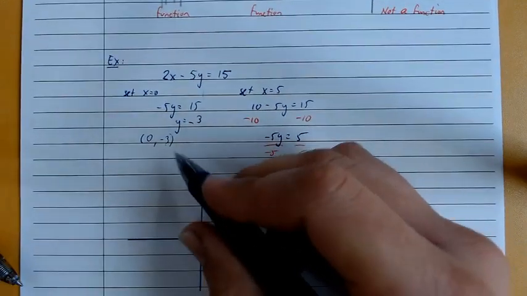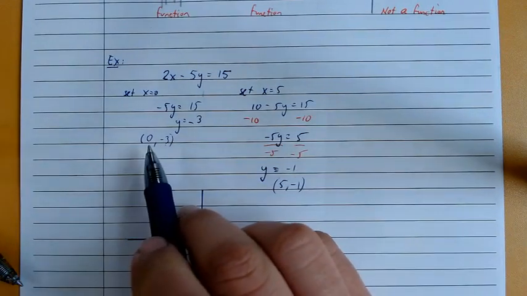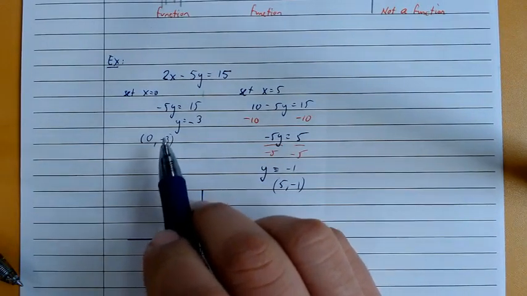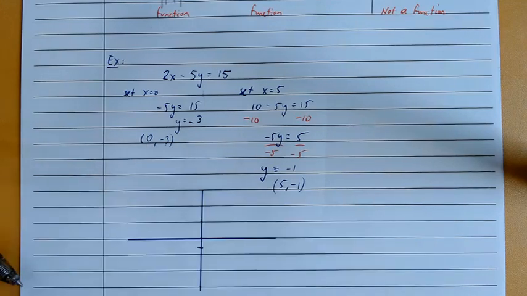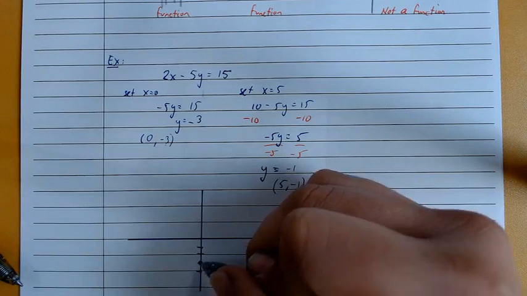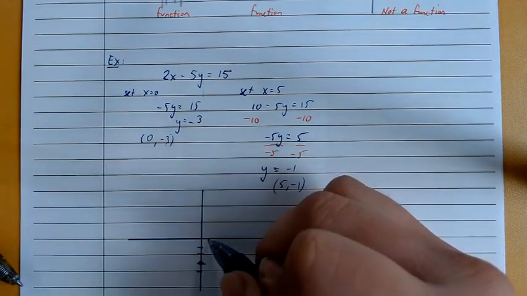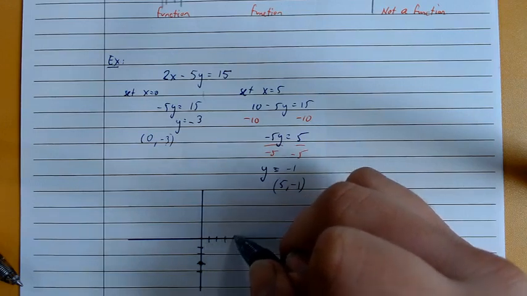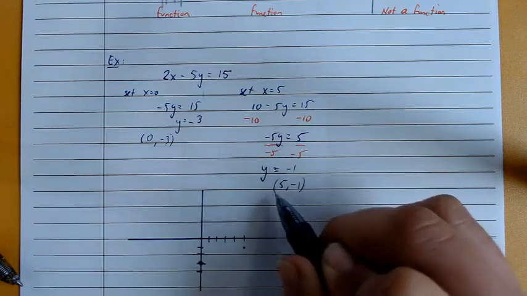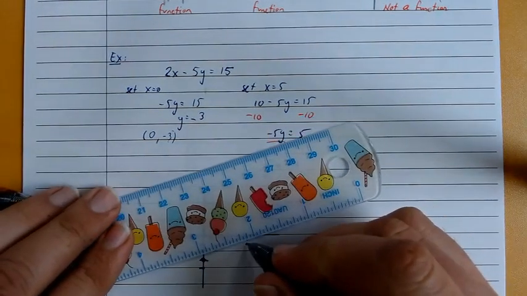Let's see here. 0 comma negative 3, that would be 3 steps down from the origin. And 5 comma negative 1, that would be 5 steps to the right and 1 step down. 5 comma negative 1. And now you can connect your dots and form your line.